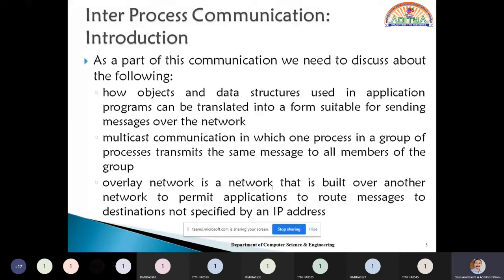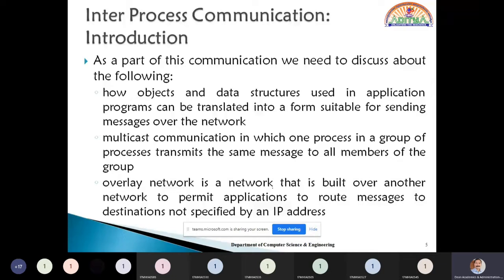That is how the objects and the data structures used in these programs can be translated into a form suitable for sending messages over the network. This is the basic aspect that we have to discuss.